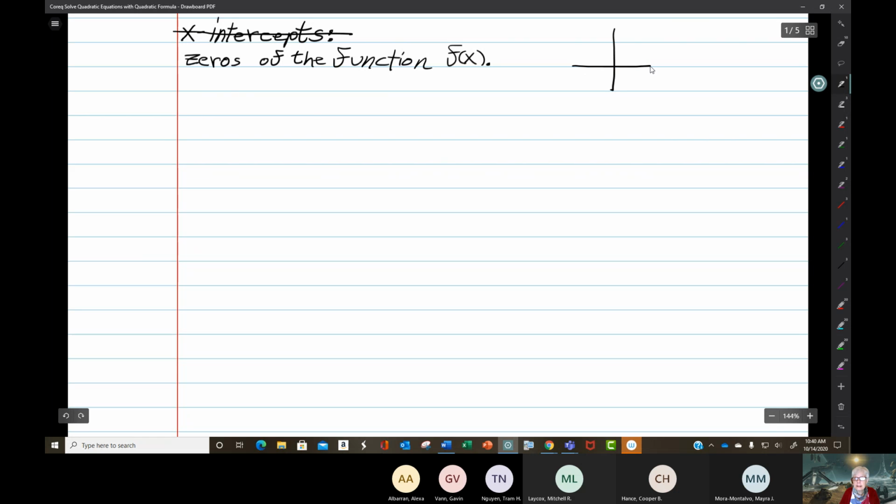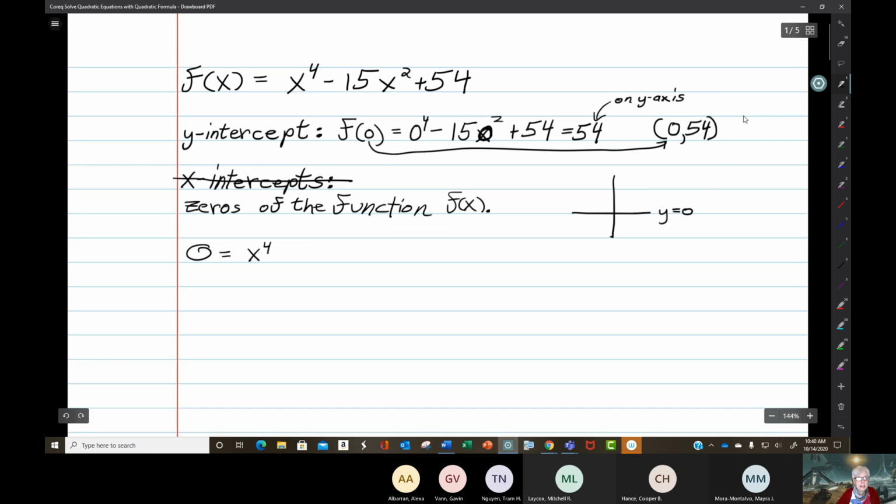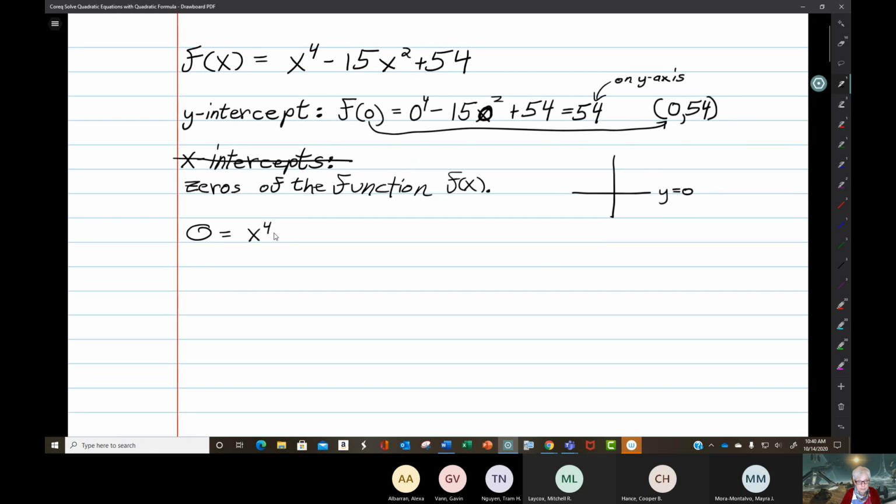On the x-axis, y equals 0. So I'm going to say 0 equals x to the fourth minus 15x squared plus 54.